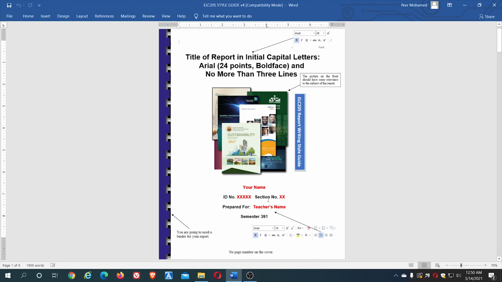Then comes your particulars, because when you are submitting a report, it should be clear who is submitting the report and what is his ID number and what is his section number and your faculty's name. So your name comes here, you will write your full name followed by your ID number. Whatever your ID number, put it here.